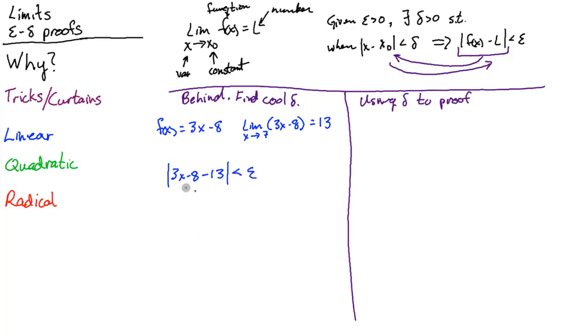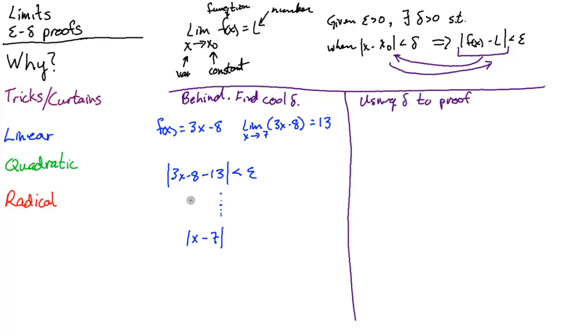So the idea is we need to somehow connect this with our mathematical algebra skills to be something like x minus, and then our x naught is a 7. Now remember, the x's are all moving here, and the 7 is a constant. And we need that to be next to something with an epsilon. So that's our goal, is to match it. And then once we figure out what that guy is, that's our magic delta that we're going to stick back over here and use in a proof.